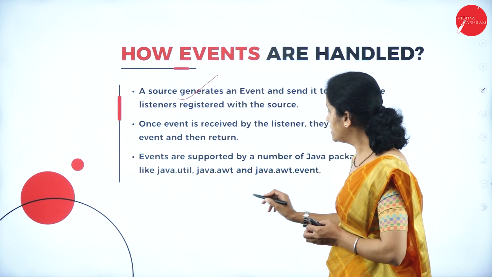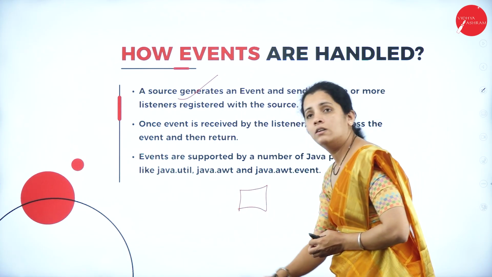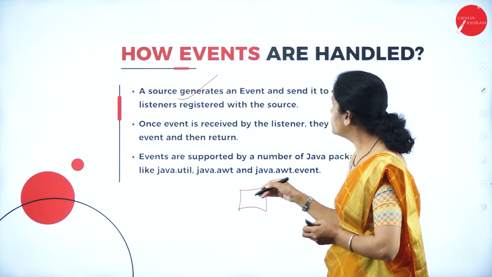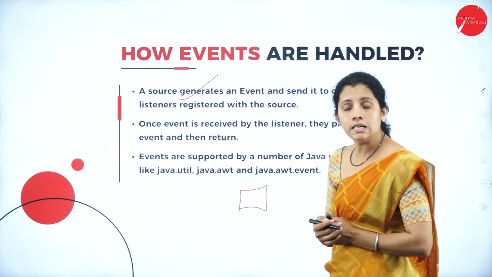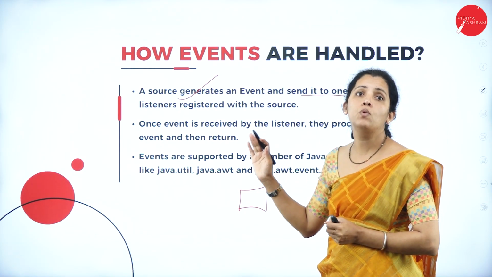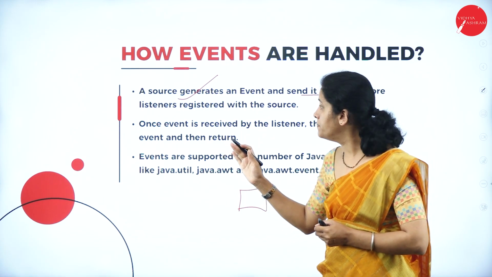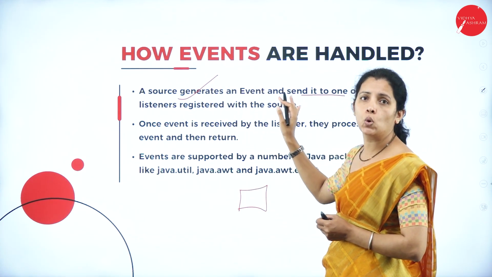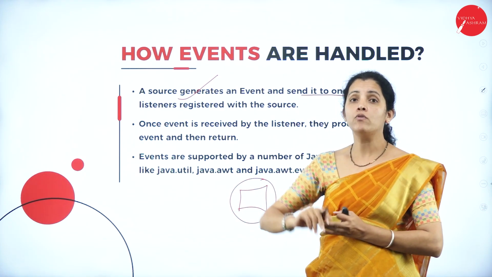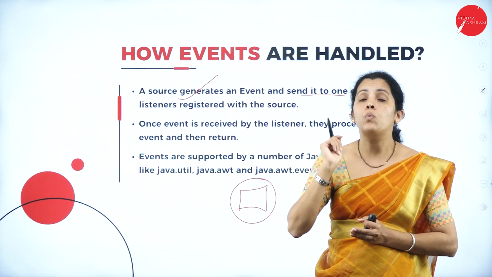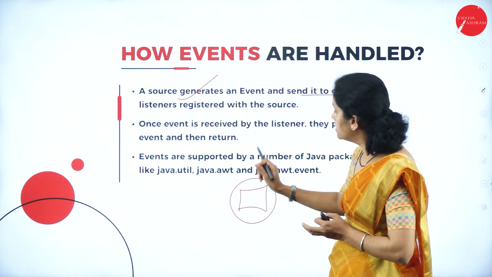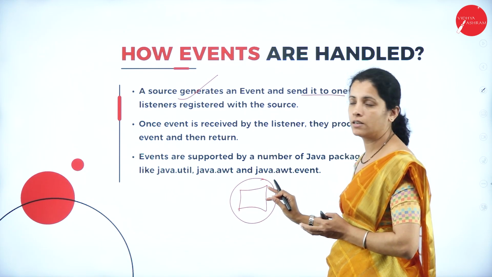See here, think that I have submit button. When I click this button, what's going to happen? It triggers event, that's sent to one or more event listener that is registered with the source. For this particular button, I'm going to have more than one event listener that must be registered.